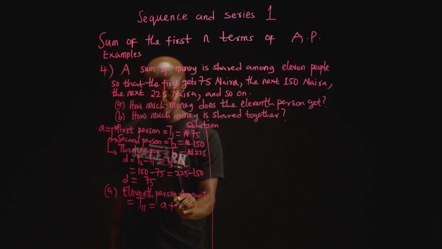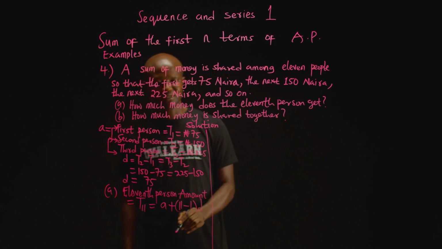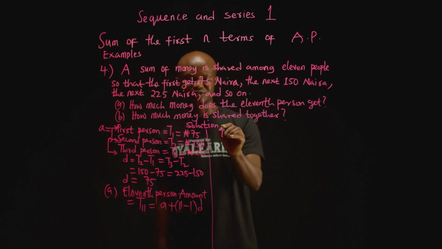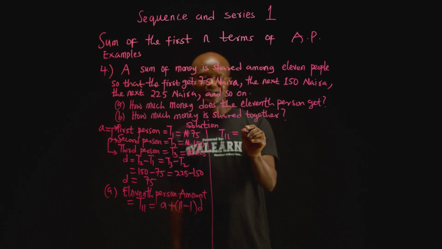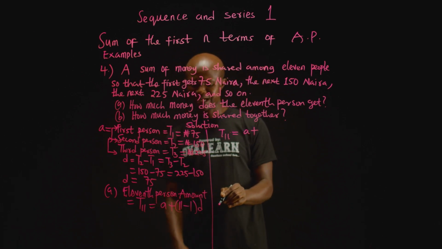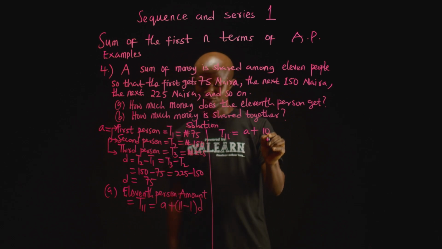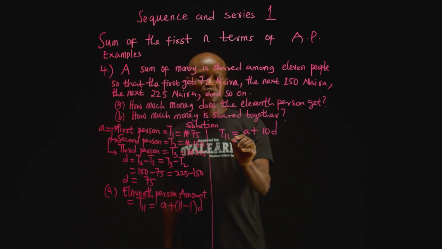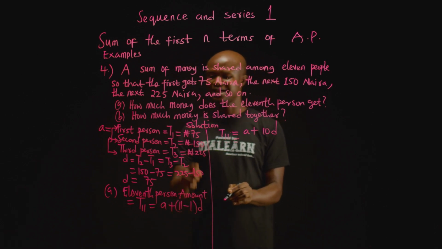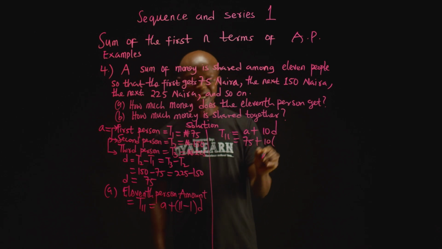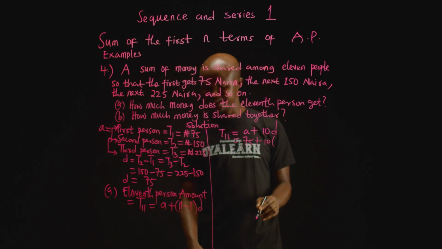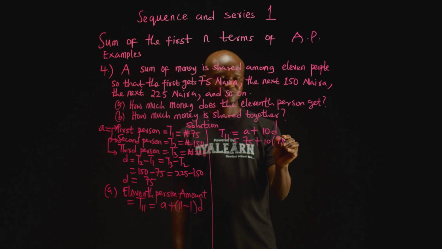That's A plus 11 minus 1 D. So T11 equals A plus 11 minus 1, that is 10D. A is 75, times D, which is also 75.